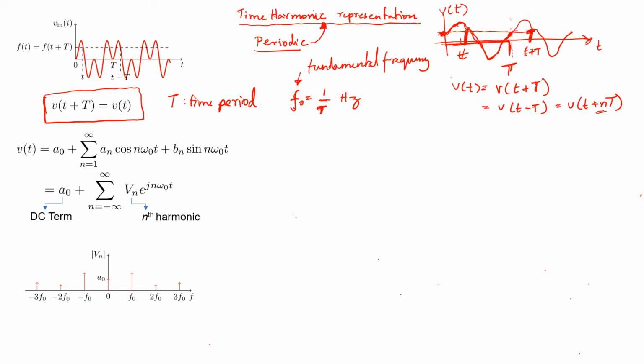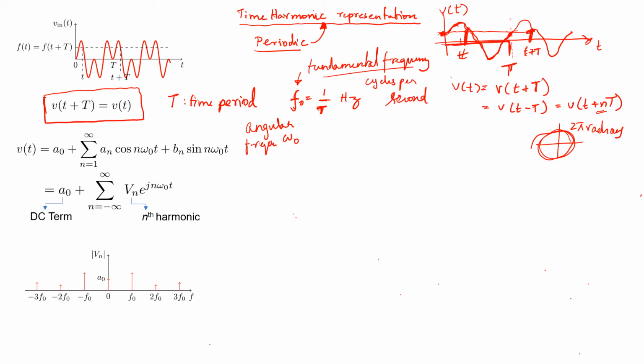And one full cycle of anything that is going in a circle, that is periodically repeated, is going to have 2 pi radians. So this frequency can also be written as what is called an angular frequency, saying how many radians per second. This is how many cycles per second.